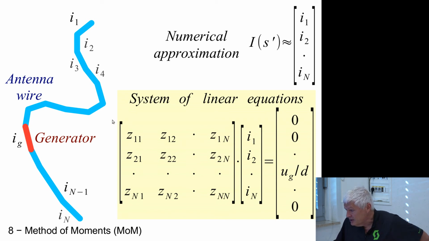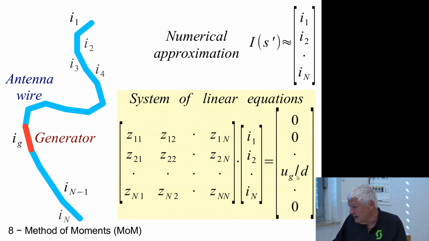But we can calculate this matrix here to find a system of linear equations. And with this system of linear equations, what do we know? We know this column vector here. This has mostly zeros, except for the generator, if we simplify the generator to a simple segment. We may also have more complicated generators that have more segments here.